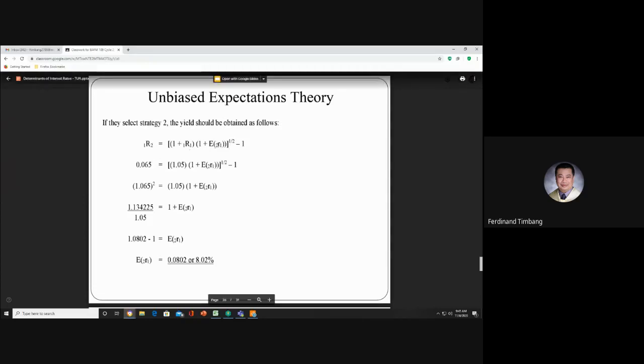Kaya pagka binasa nyo itong mga ganito, yung 1R2, ibig sabihin, period 1, you place that in period 1 with 2 years maturity. Tapos ito naman, period 1 with 1 year maturity, tapos ito, period 2 with 1 year maturity. E di ibig sabihin, kung i-add natin itong dalawa, 2 years na yun. Tama ba?